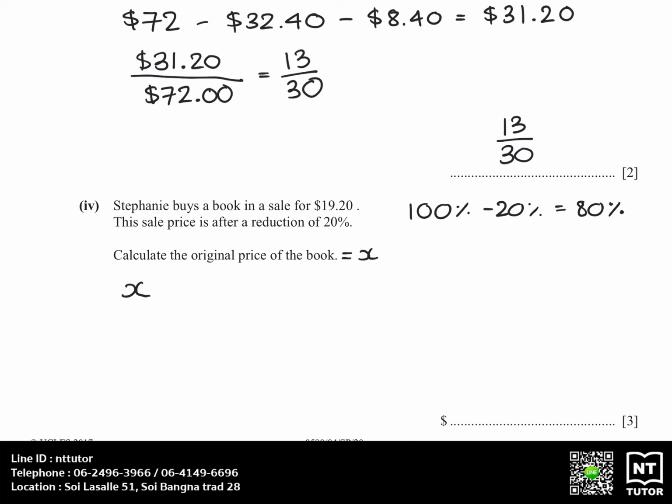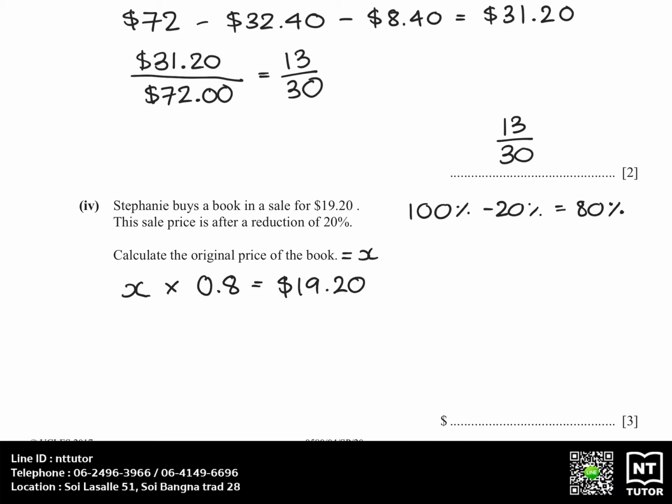So 80% of X should equal 19.20. This means that X multiplied by 80% as a decimal, which is 80 divided by 100, which is 0.8, equals $19.20.